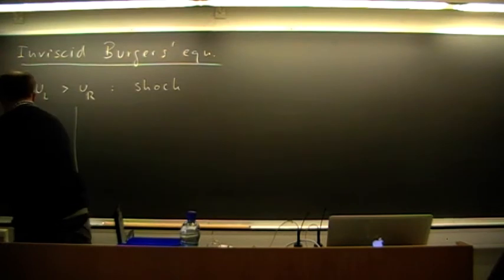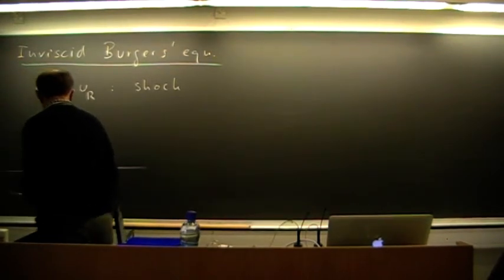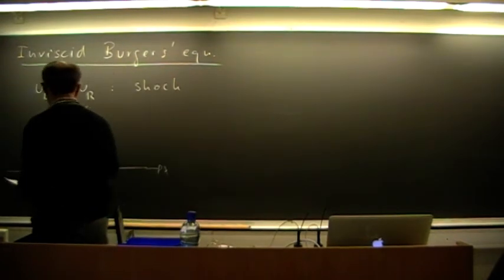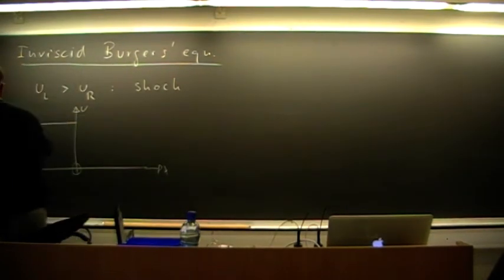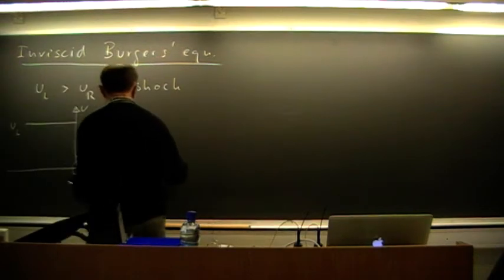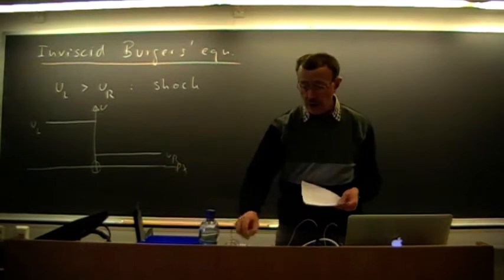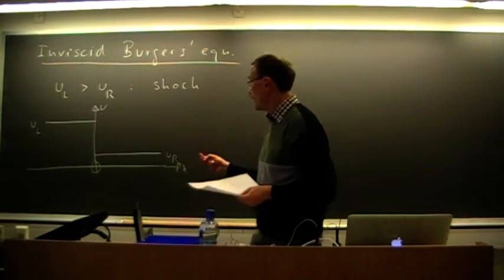So that is the situation when we have u, when we have x, when we have u_L larger than u_R. Then we will have a shock wave, and that will then move to the right.